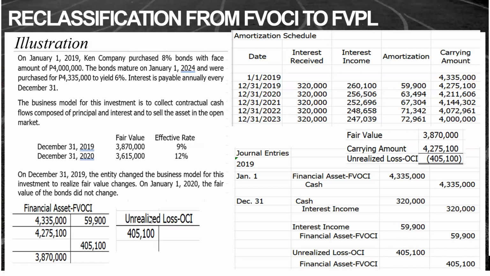This is now the balance of our unrealized loss OCI, 405,100. Take note again that on December 31, 2019, there is a change in the business model. They now want to realize the fair value changes, so our financial asset will become FVTPL.